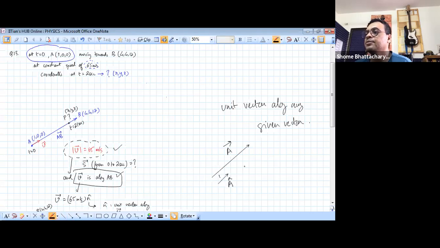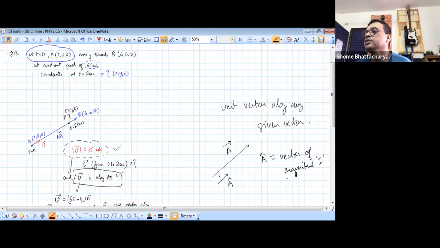So E cap is a vector of magnitude 1. So that's why we call it a unit vector. But it is along the vector E.